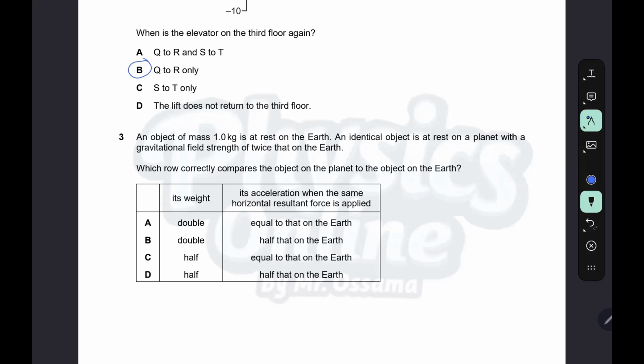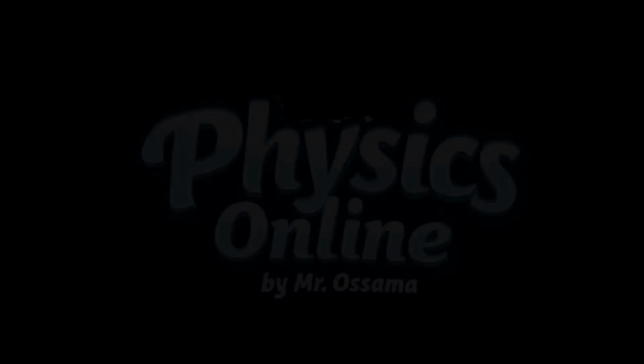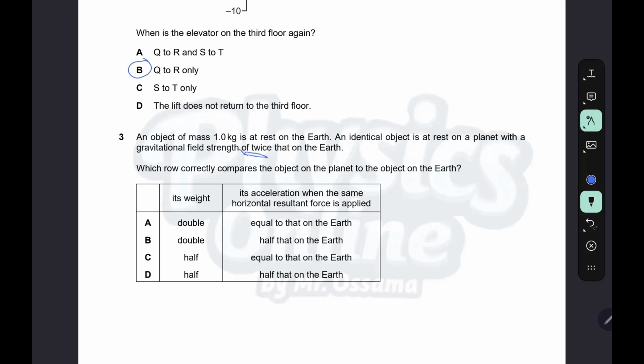An object of mass 1 kilogram is at rest on the Earth. An identical object is at rest on a planet with gravitational field strength twice that on the Earth. Which statement correctly compares the object on the planet to the object on the Earth? Its weight: the gravitational field strength is twice, so the weight will double.